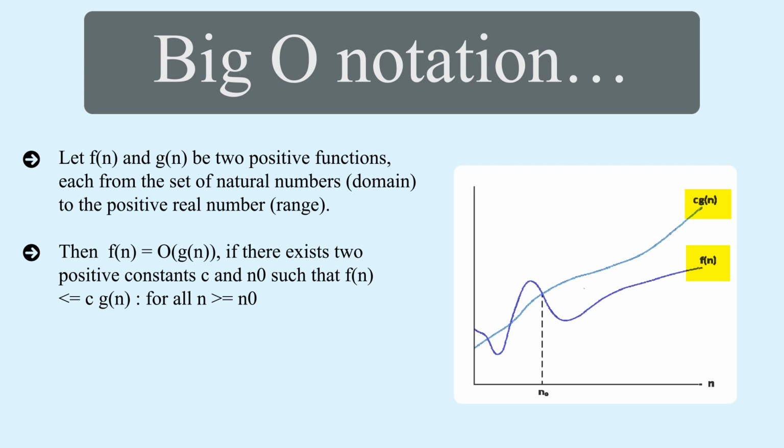Now you can clearly see in the graph that below n0 the value of f(n) may be larger in certain cases, but after n0 in no case is the value of f(n) going to be greater than c g(n). So c g(n) is going to be more after the cut point which is n0. So this is how the big O notation is defined.